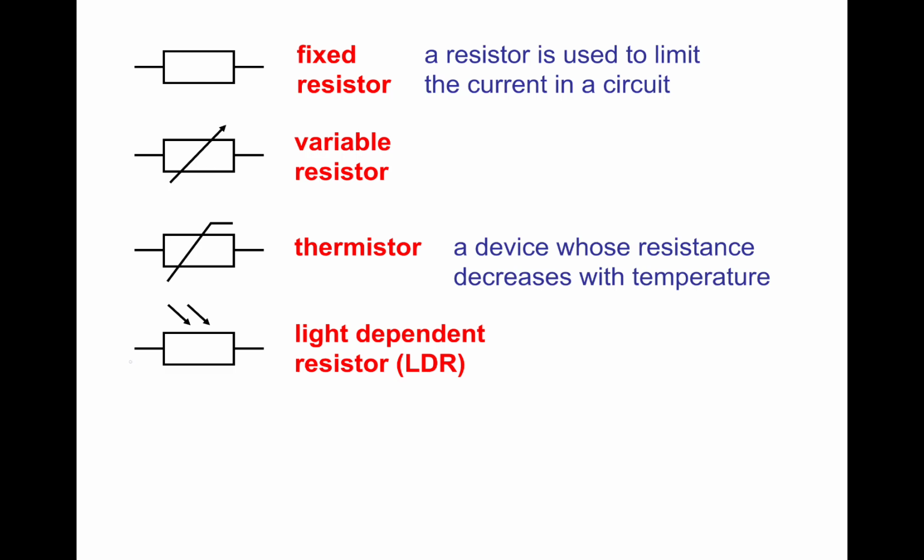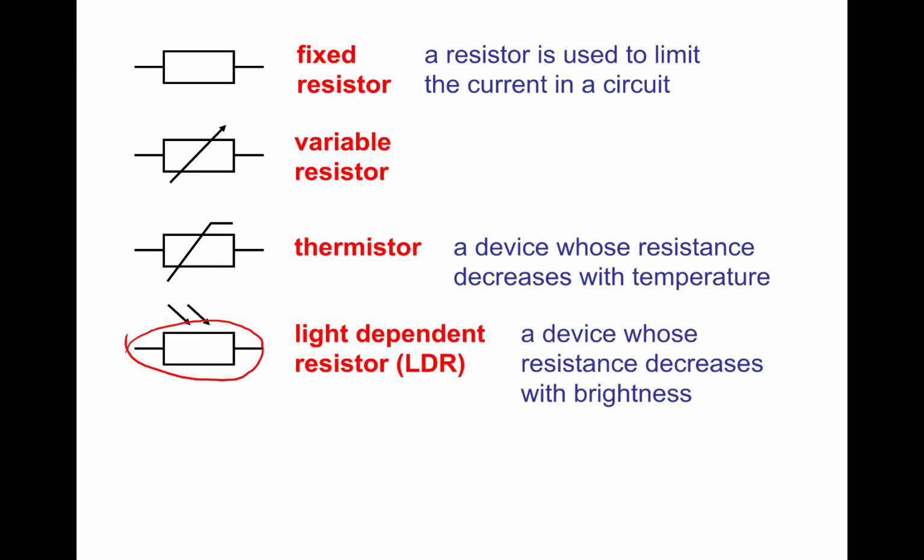You may also see this one with a circle around it like this. And it just means light dependent resistor. It works in the same way as a thermistor, but obviously with light. So the resistance decreases with brightness. So the more light you shine on an LDR, the resistance will decrease. Again, there's a lesson on that further in the series.